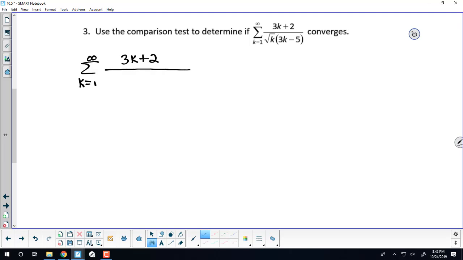We have 3 times k to the 3/2 minus 5 times k to the 1/2 as the given series. So does that change our mind? Maybe, maybe not.